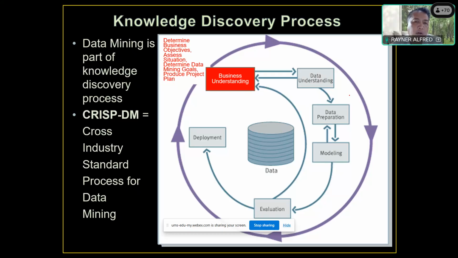For business understanding, it is to increase profit or get more customers, and so on. Once you have set your objective, then you need to know what data you want to collect.